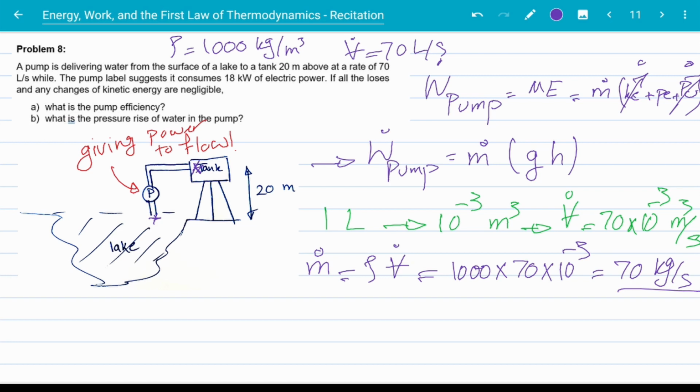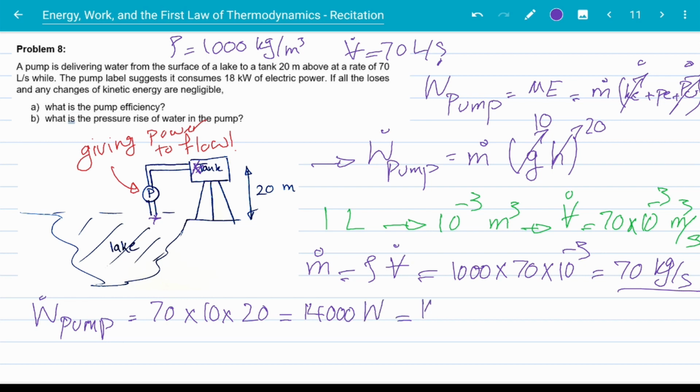We take G as 10 for simplicity, and we take H as 20 meters because the problem states. We end up with power of the pump is 70 times 10 times 20, which is 14,000 watts or 14 kilowatts.